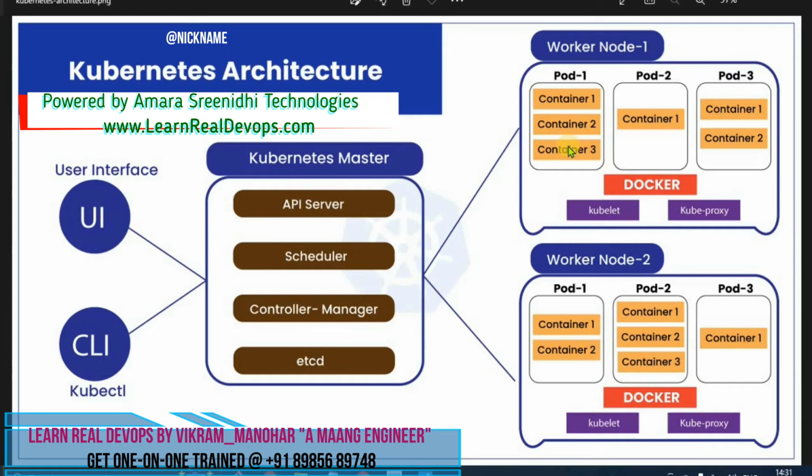So going forward, if you want to create a container, you will not say create a container, but you will say create the object of the type pod. Because Kubernetes manages the pod, and inside the pod your container will be running, you will not tell Kubernetes to create the container, but you will tell it to create a pod.